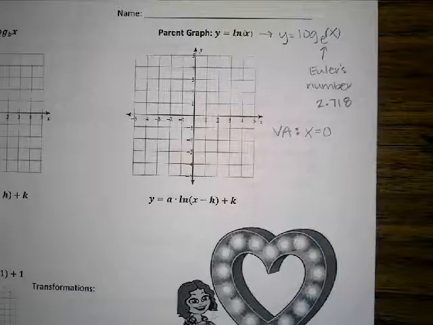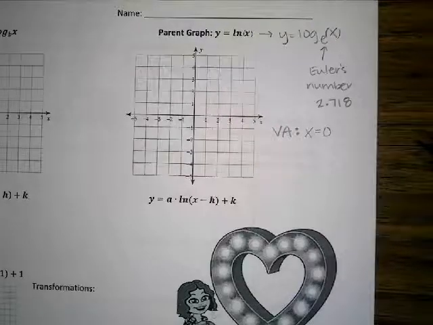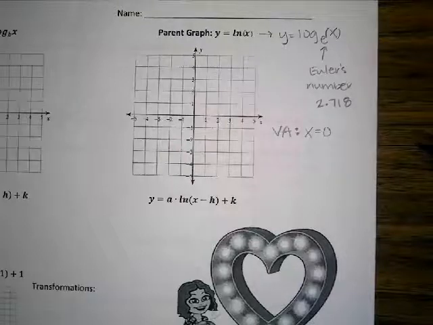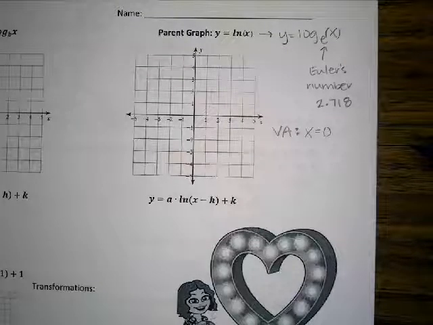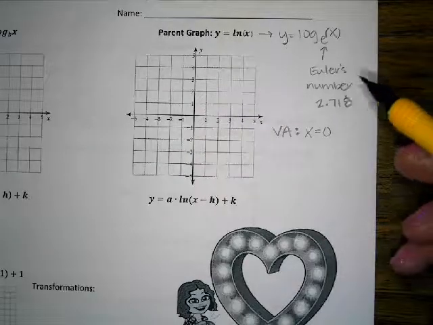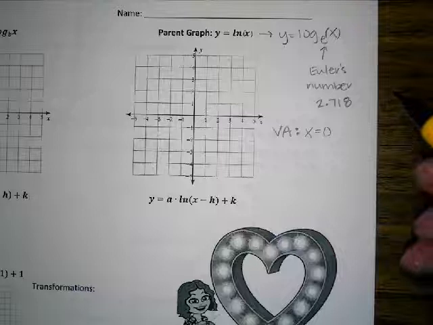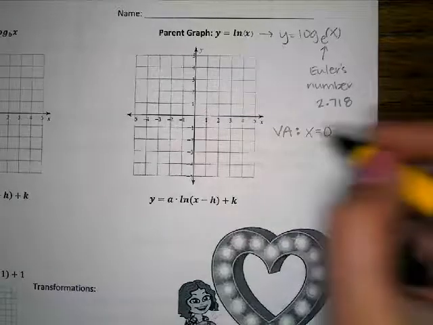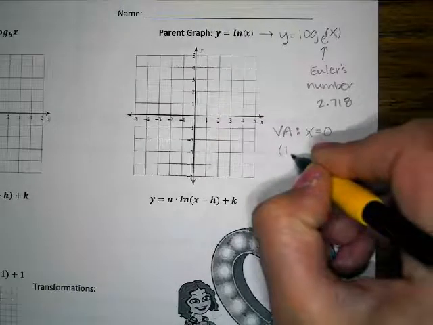Now, with the exponential graphs, the important points were 0, 1, and then 1 and the base. So if the inverse of exponential graphs are logarithmic graphs, instead of having the point 0, 1, you're going to have the point 1, 0.